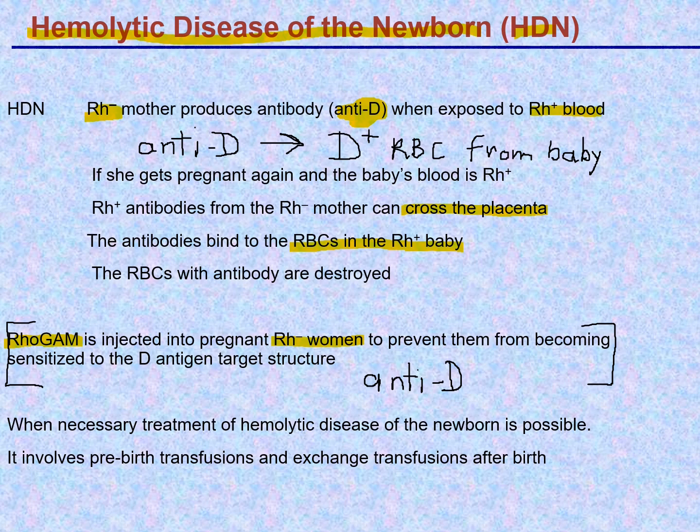And it doesn't harm the baby because it cannot cross. Some antibodies can cross and others can't, and this is a type of antibody that cannot cross the placenta into the baby.